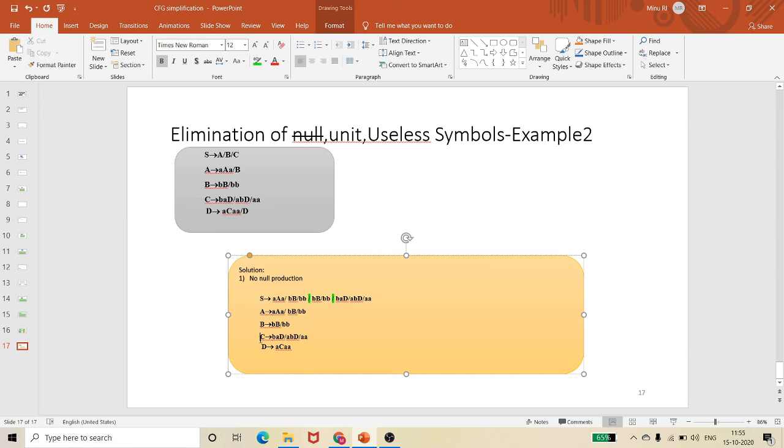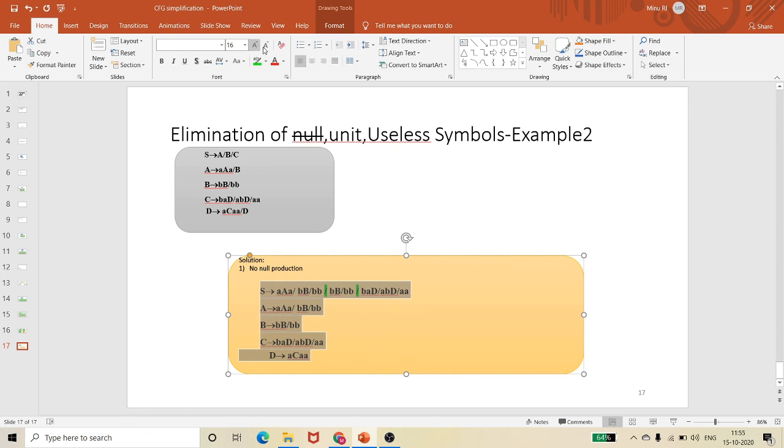You can see here C is reachable from D. So all are reachable, and we are not eliminating any symbol.